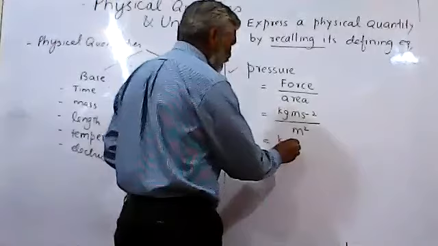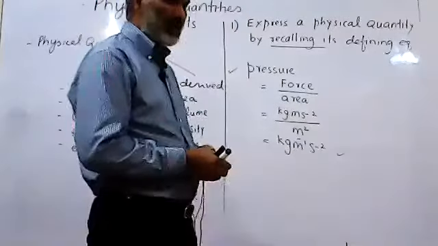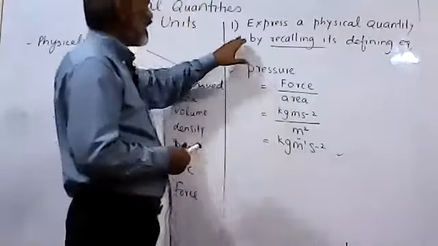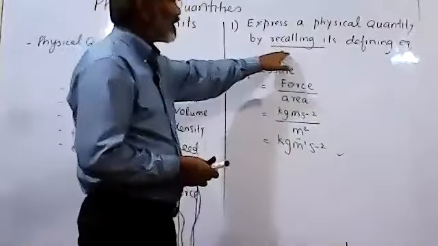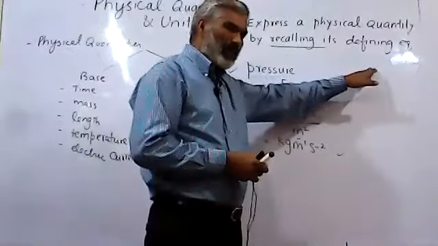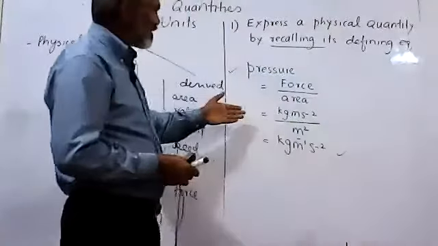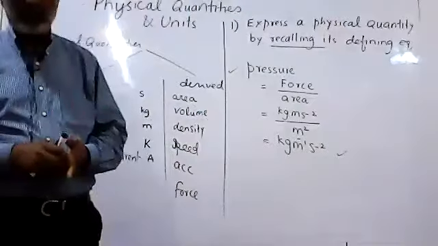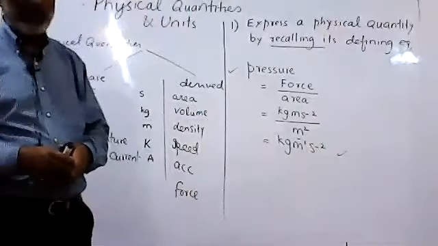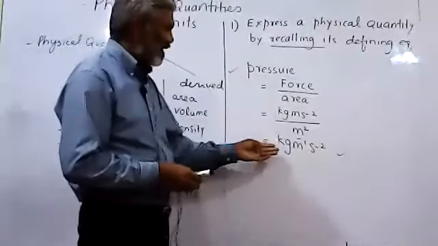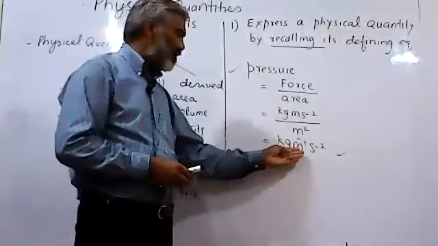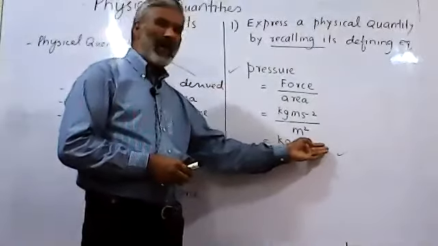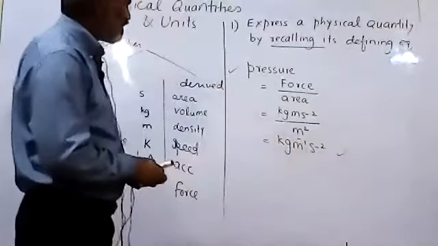So this is pressure. This is one type of question that we discussed yesterday, that just by recalling the defining equation of any quantity given, we can express it in terms of base units, which are known as its dimensions. So dimensions of pressure are kilogram meter^-1 second^-2.